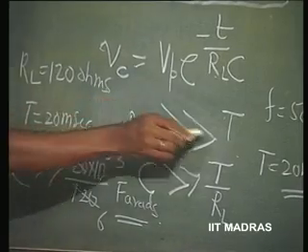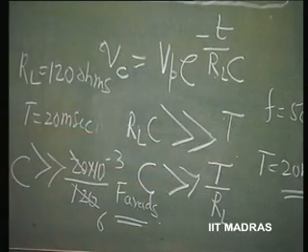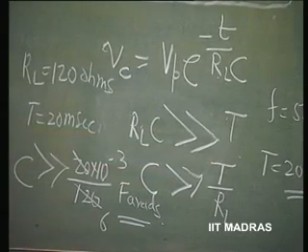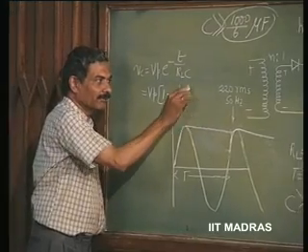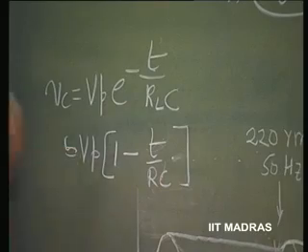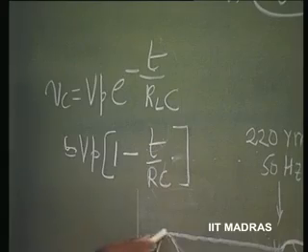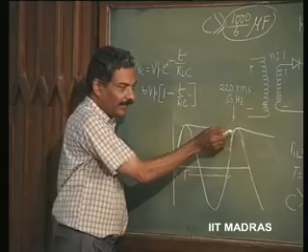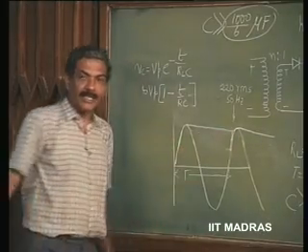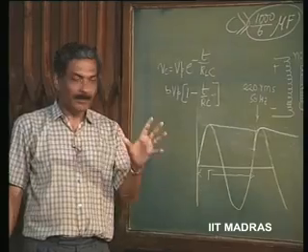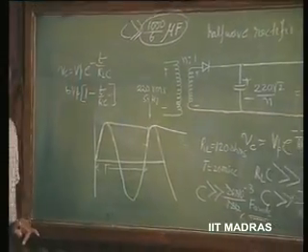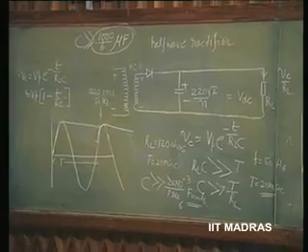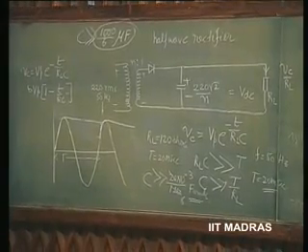1 is going to be much greater than T by RC under the worst situation. So, this quantity is going to be extremely small. So, I can ignore all the higher order terms and assume that this is approximately equal to this. That means this is a linear decrease if the decrease is very small. So, in a sensible design this can always be taken if this assumption is valid for a good capacitive filter.